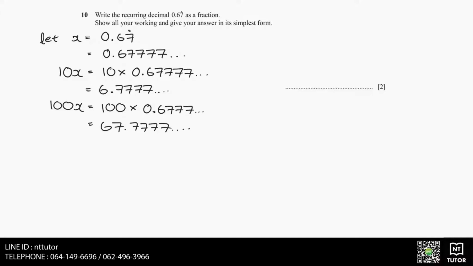We will repeat this process by multiplying x by 1,000, then 10,000 if necessary, until the decimal places are exactly the same. But in this case, with 10x and 100x, the decimal places are already exactly the same, so we can stop here for this question.